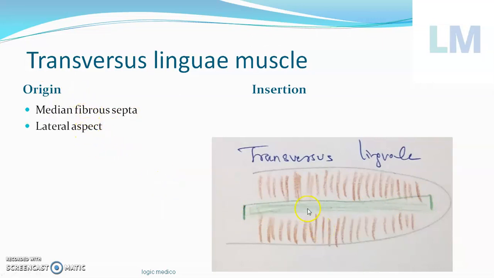That is called the origin. They travel horizontally outwards towards the lateral margin of the tongue. So it is inserted into the mucous membrane of the tongue, towards the lateral margin or lateral border. That will be the insertion. So origin, median fibrous septa; insertion, lateral margin, mucous membrane of the tongue.